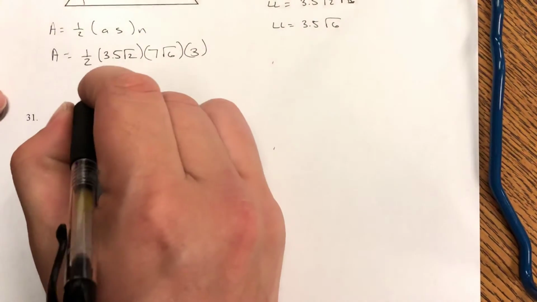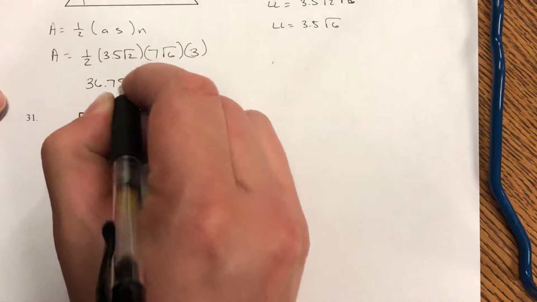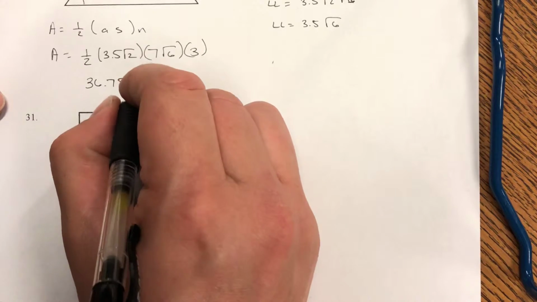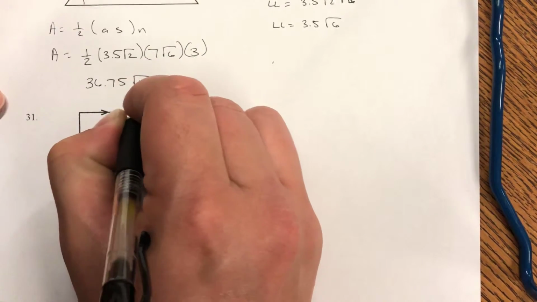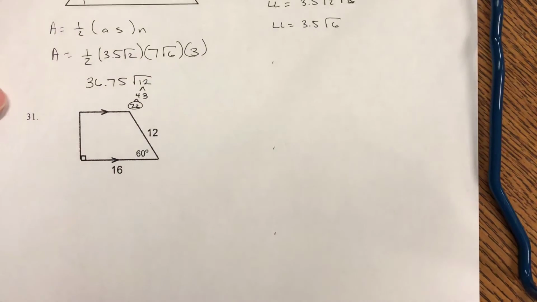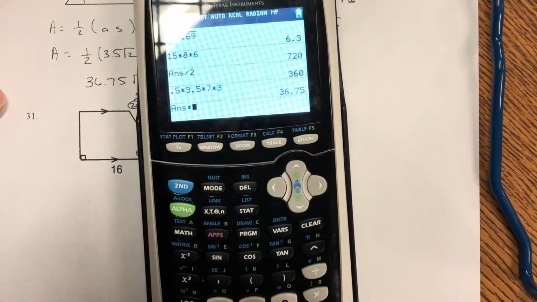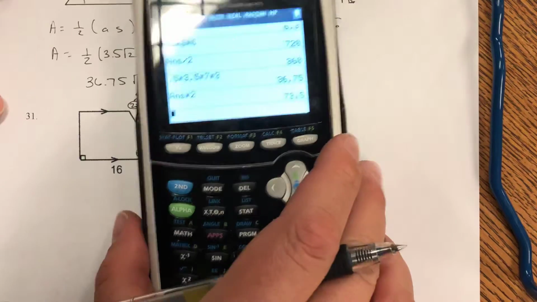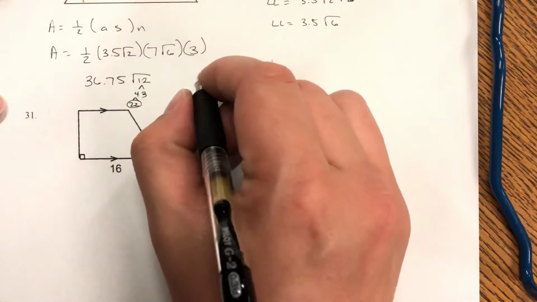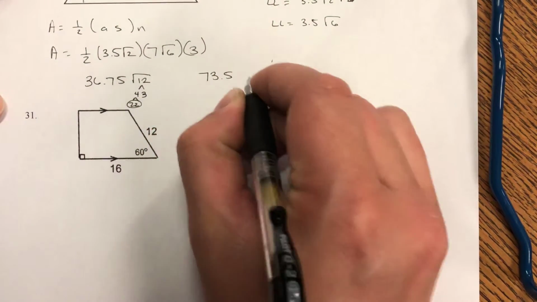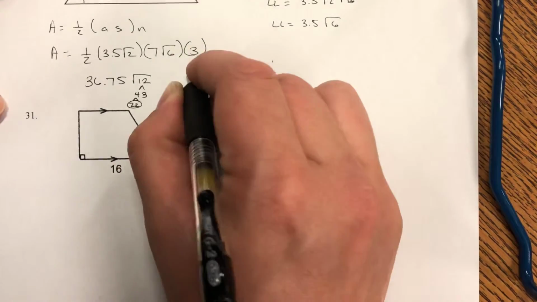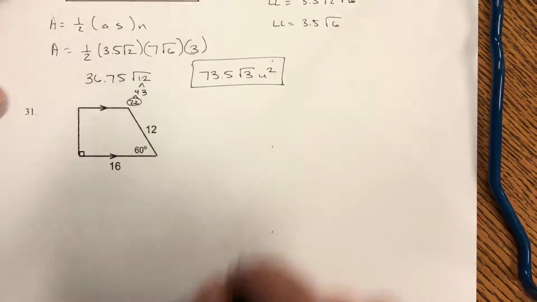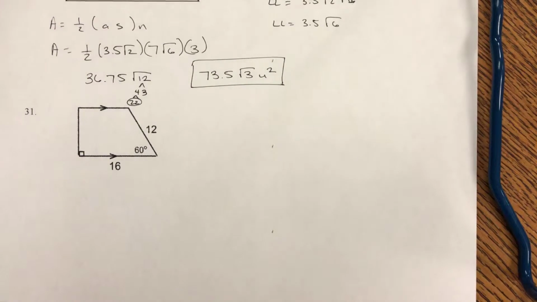So I have 36.75 square root of 2 times the square root of 6, which is the square root of 12. 12 is 4 and 3, 4 is 2 and 2. So I can take out that 2, and I'm going to double what I just had. So 73.5 square root of 3 units squared. Now the ones on the test won't be that crazy, but that would be how you would take care of that problem.